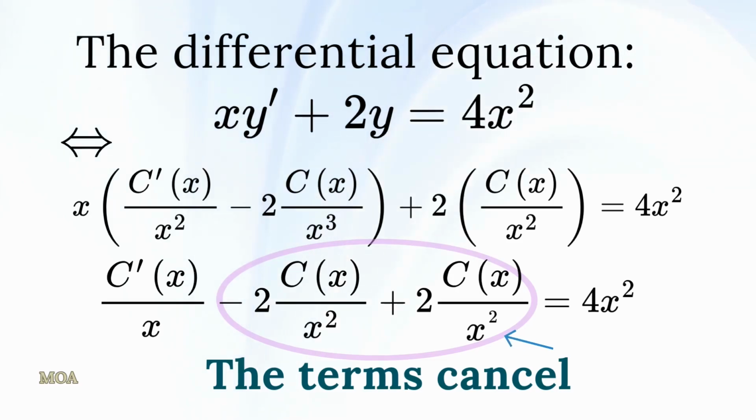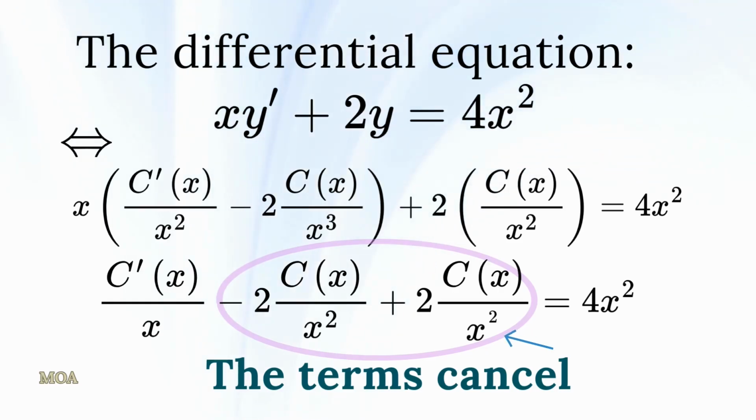This gives x times c prime of x over x squared minus 2c of x over x cubed plus 2 times c of x over x squared equals 4 times x squared. Simplify term by term. The first part becomes c prime of x over x minus 2 c of x over x squared. The second part is plus 2 times c of x over x squared.